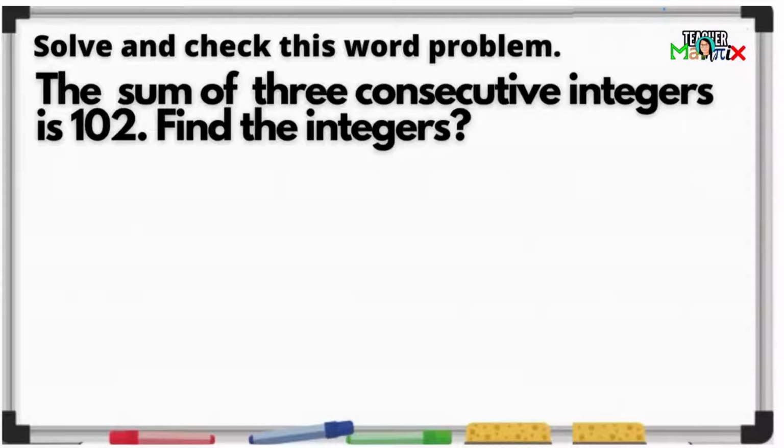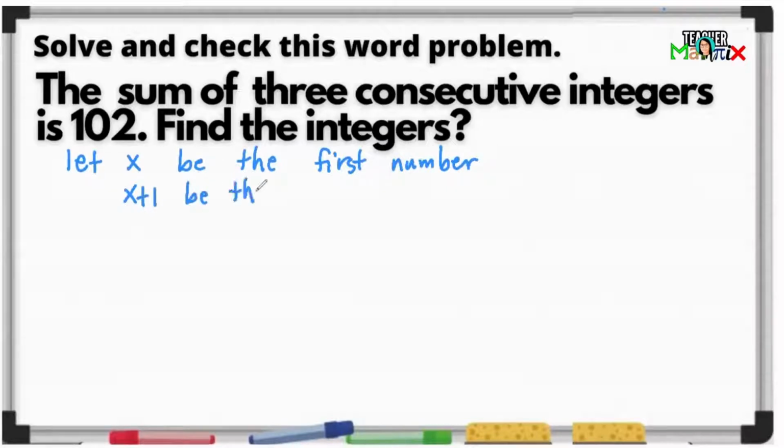First, identifying the first number. Let x be the first number. Then, let x plus 1 be the second number.